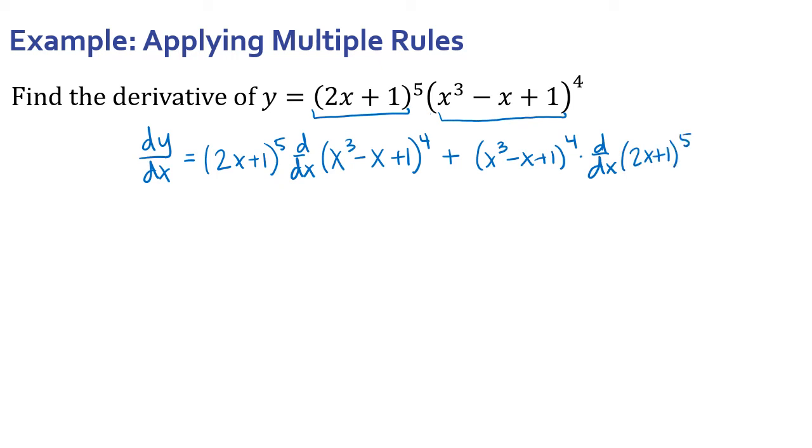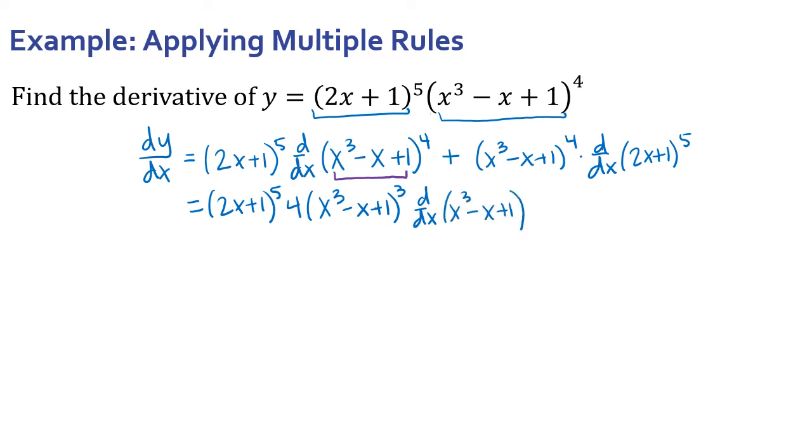So now we'll take that and we'll find the derivative of each of those pieces. So this becomes the quantity 2x plus 1 to the 5th power times, and this is where the chain rule comes into play. We've got an inside function and then an outside function. So taking the chain rule here becomes 4 times x cubed minus x plus 1 to the 3rd power, and then we have to still take the derivative of that inside function, which is x cubed minus x plus 1.